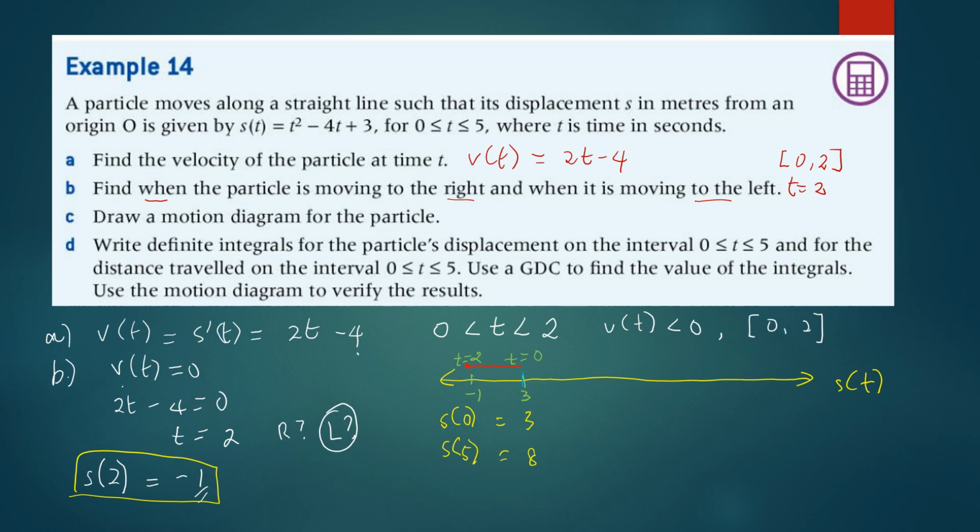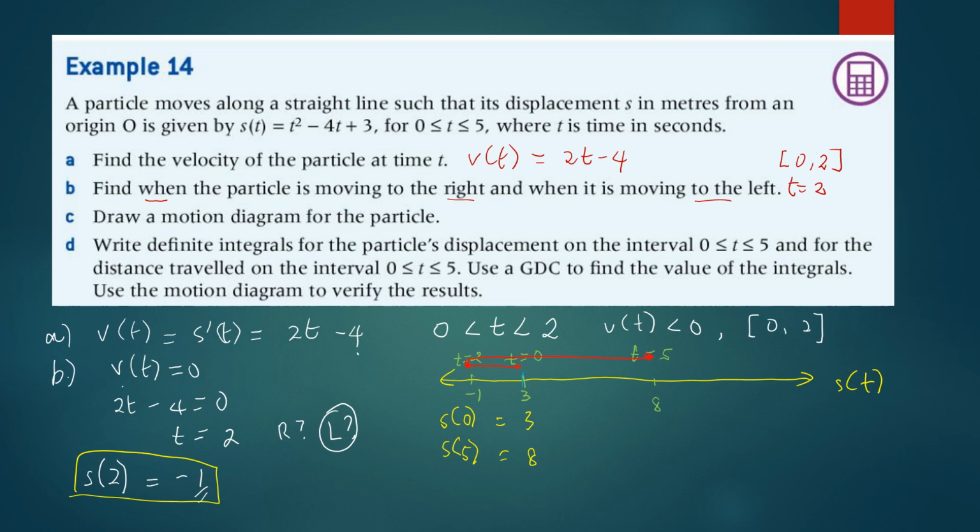And then at time 5, we are on 8. So there is a change at time 2. Okay, so that's the motion diagram.